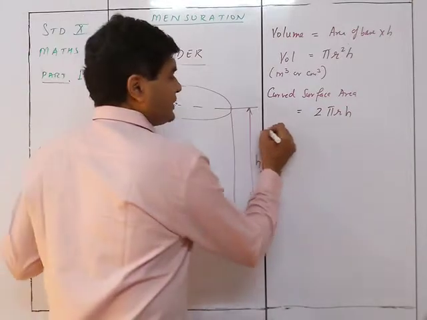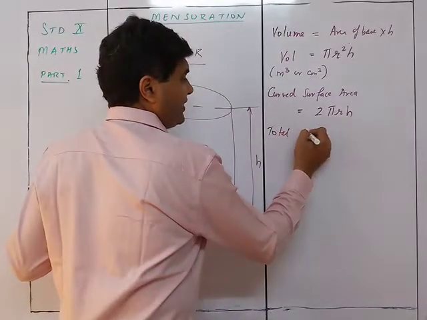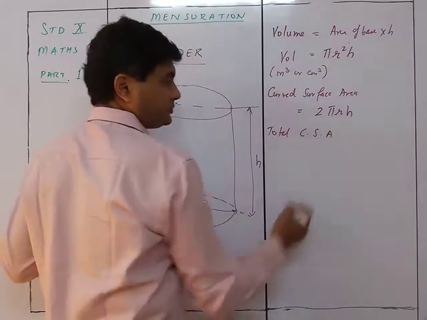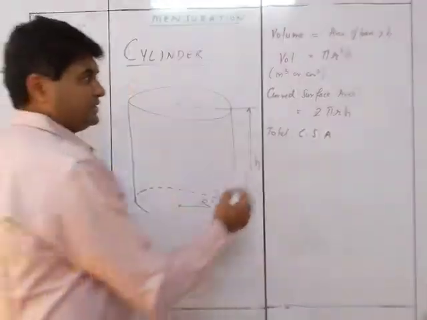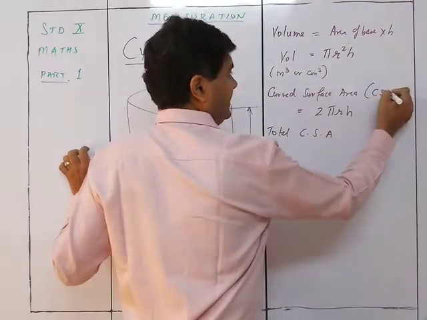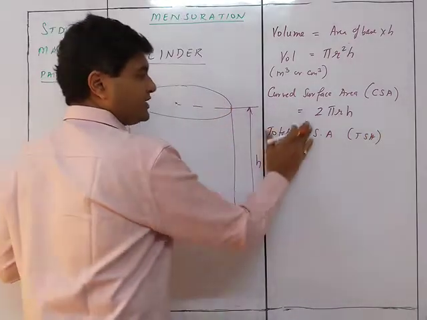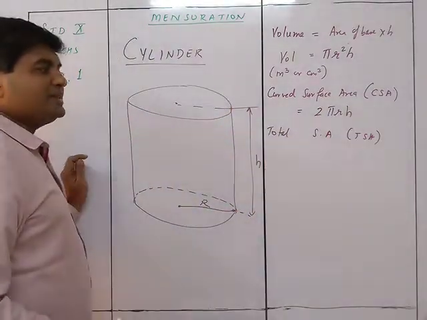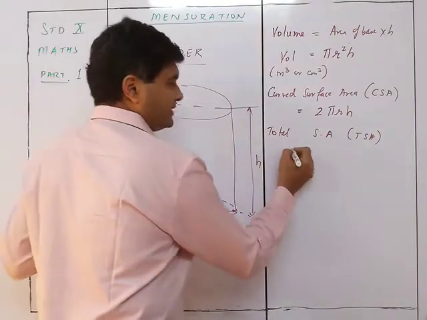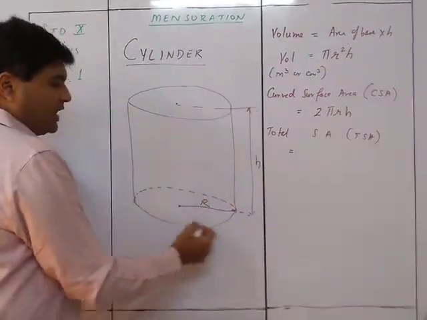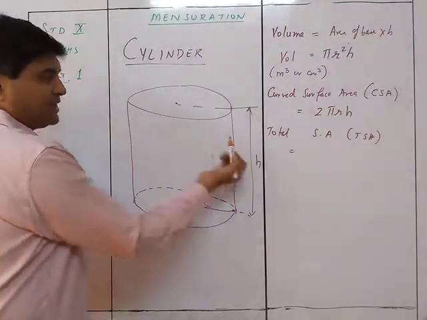The next comes the total surface area, or TSA. This is called CSA, and this is called TSA. The total surface area over here is nothing but the area of the two circles plus the curved surface area.